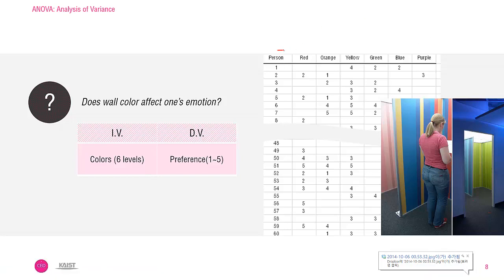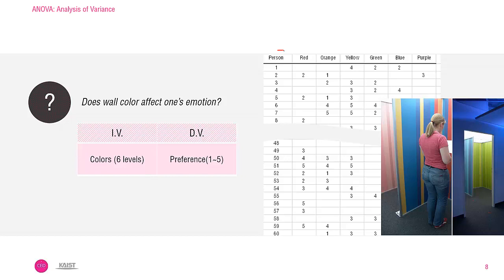This table shows you a part of the result. A total of 60 people participated in the study, but not everyone was exposed to the same stimuli. Why? We were afraid of people feeling fatigued or tired by entering so many rooms.